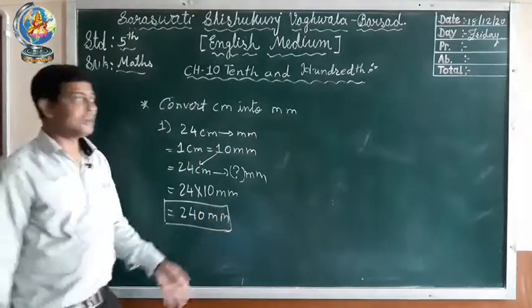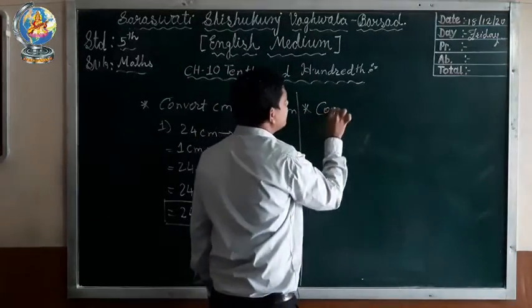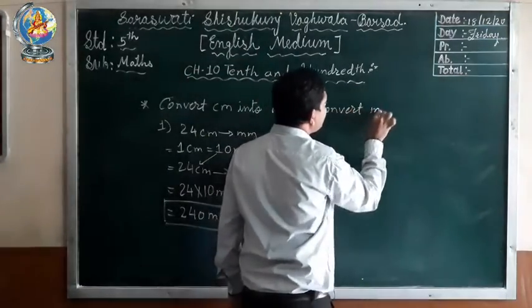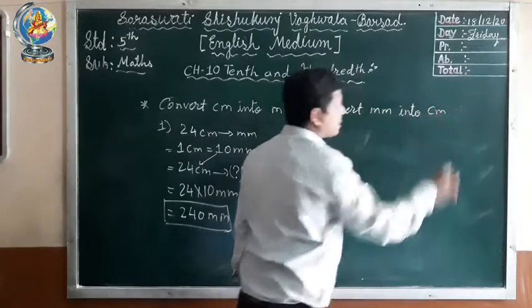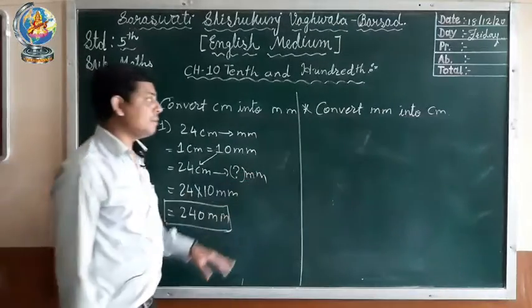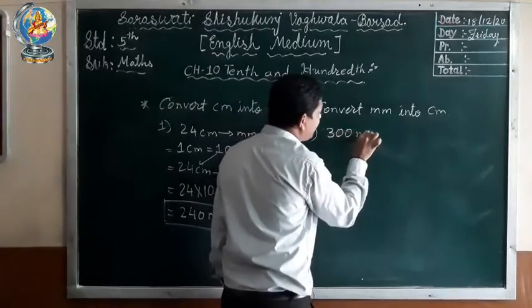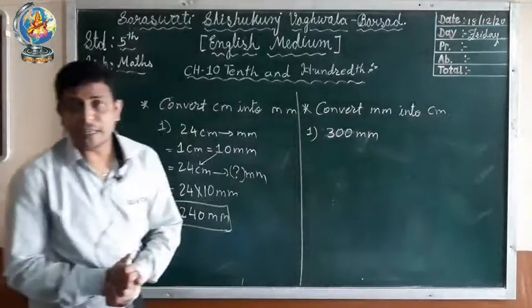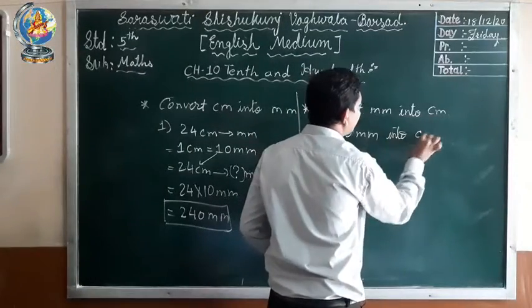Now we will do one example of converting millimeter into centimeter. So 300 millimeter, we have to convert into centimeter.